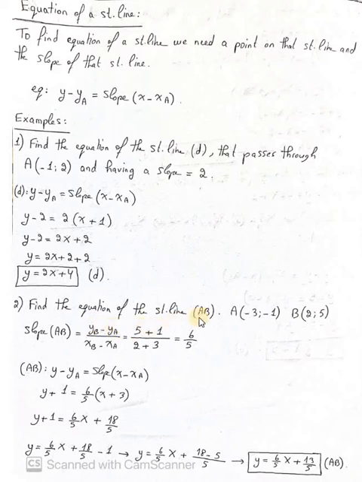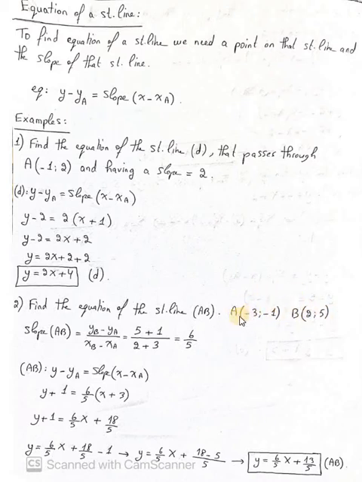Okay, let's take another example. Find the equation of the straight line AB. Okay, remember, in order to find the equation, we need a point on that straight line and the slope. Finding the equation of the straight line AB, we have 2 points rather than 1. We have A and B. So we have a point.